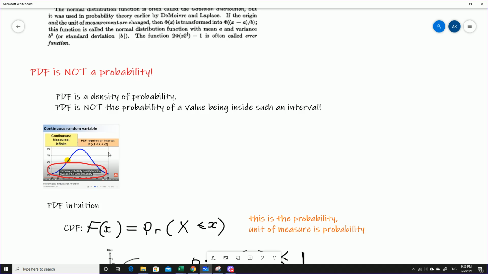Basically, you pick an interval somewhere, maybe around x, and then PDF is a probability that your random variable is in this interval. Wrong. Absolutely not. PDF is a density of probability. PDF is not a probability. So this is incorrect because PDF's unit of measure is not the probability at all. A horrible mistake.